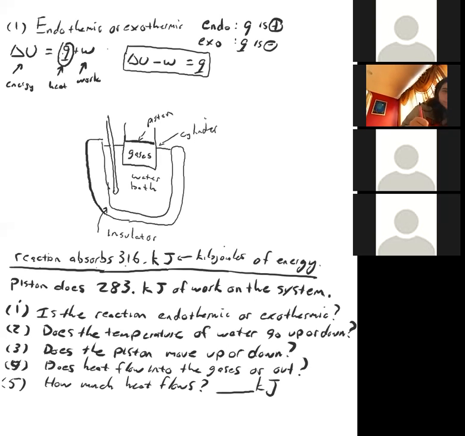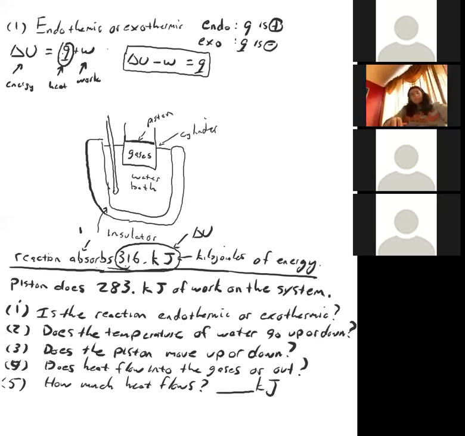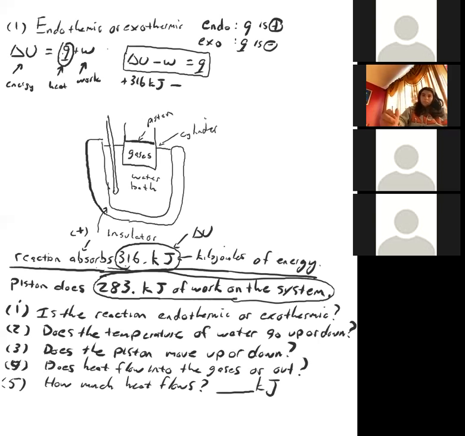So now let's go through it. We do know it absorbs 316 kilojoules of energy. That's your delta U. Energy is delta U in these problems. And it absorbs. Absorbs means it's coming in. That means it's positive. So this is positive 316. Then we got to subtract W. Well, let's see what W is. The piston does 283 kilojoules of work on the system. The system is the reactor, the gases.